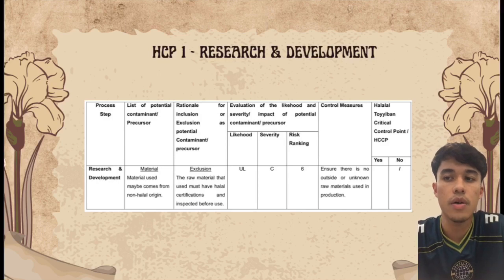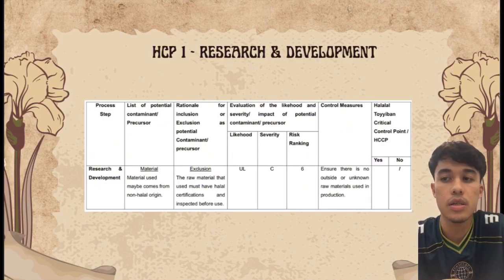For the evaluation of the likelihood and severity impact of the potential contaminant or precursor, for the likelihood we have labeled it as unlikely. For the severity we have labeled it as critical, and the risk ranking we have stated as number 6.